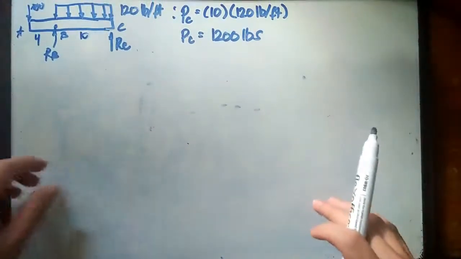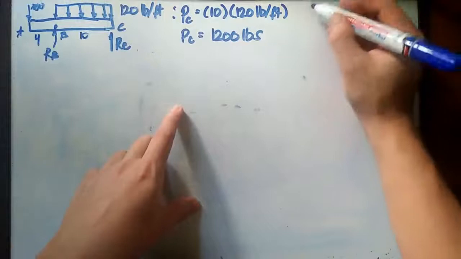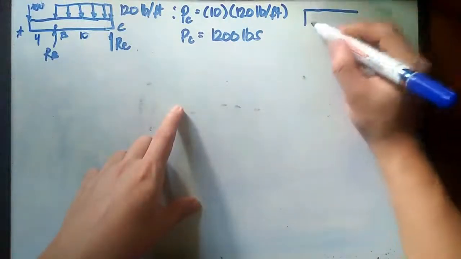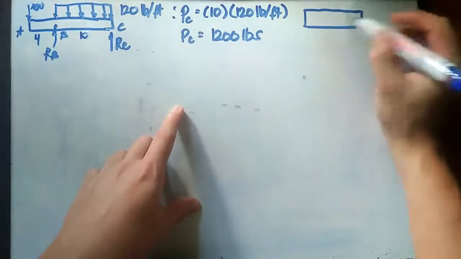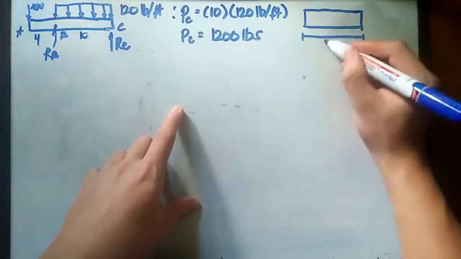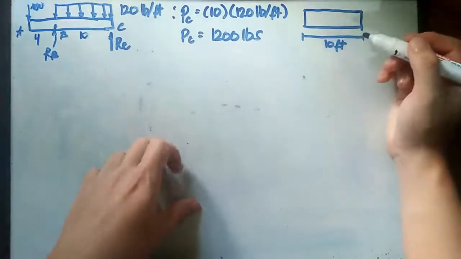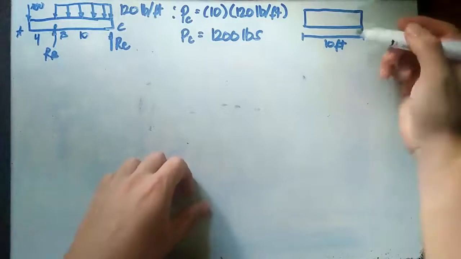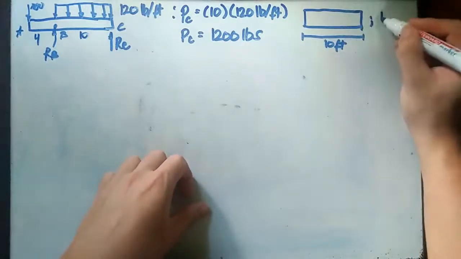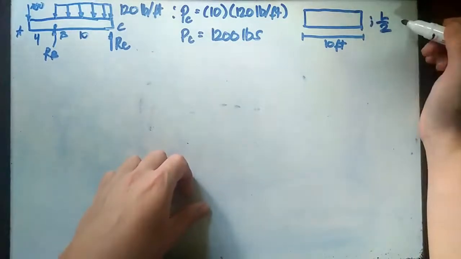And the question here is, where can we find that 1,200 pounds? Well, the answer is, if this is the rectangle, it has a length equivalent to 10 feet. Obviously, the centroid of the rectangle is only half of its length, L over 2.